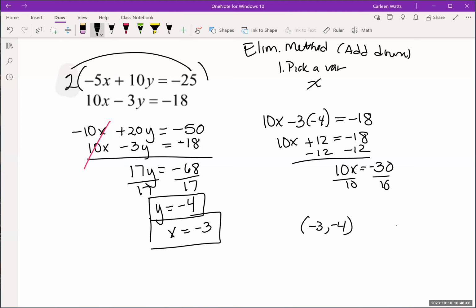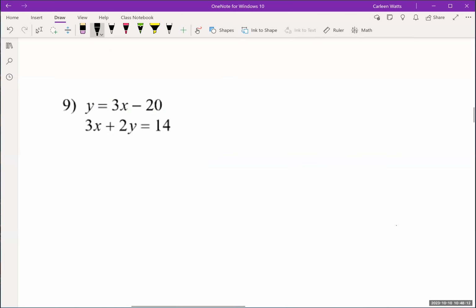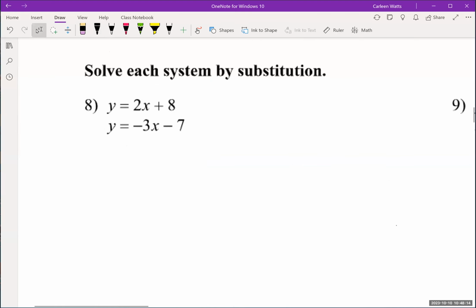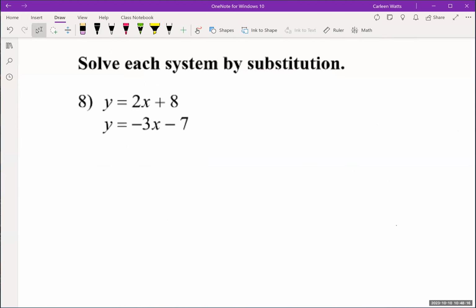Okay, 2 types of substitution. This one is hook them together. Okay, 2x plus 8 is equal to y.